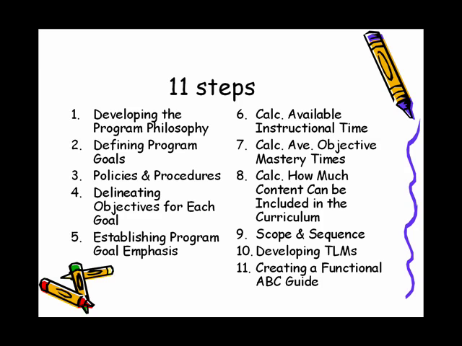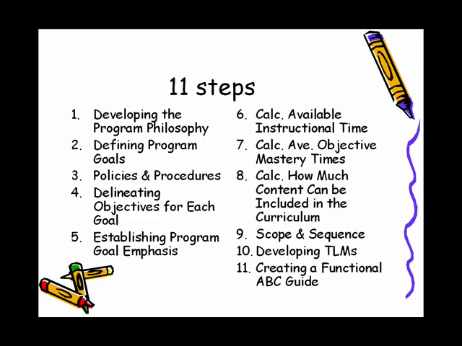Step 4 is delineating objectives for each goal. With each one of your program goals, you want to break that down into particular objectives that you want your students to know from each one of those goals. Step 5 is establishing program goal emphasis.